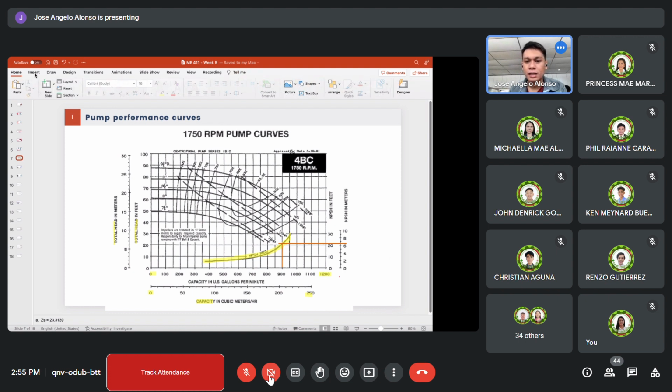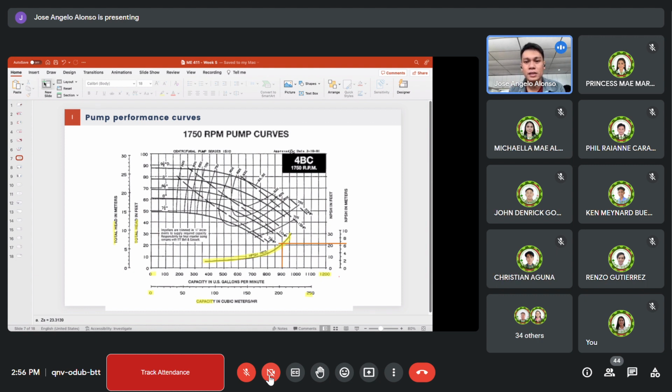So kapag given na yung pump natin dito is 1,750 RPM, so once yung pump natin nasa 1,750 RPM, project natin yung capacity ng pump, which is 900 gallons per minute.